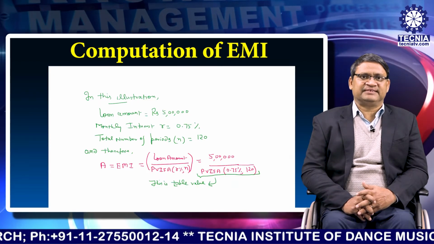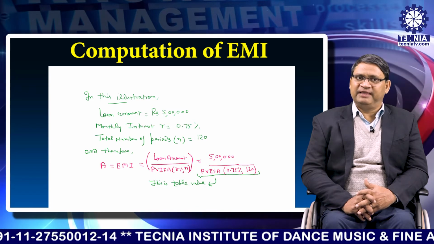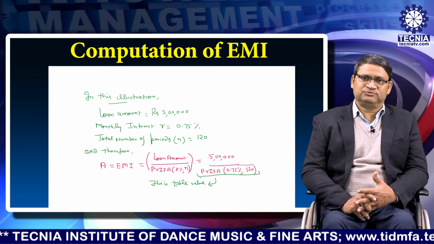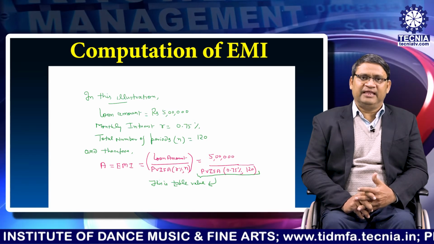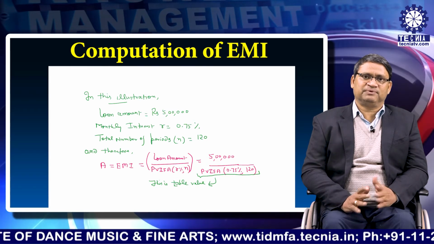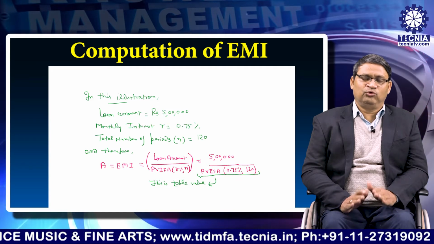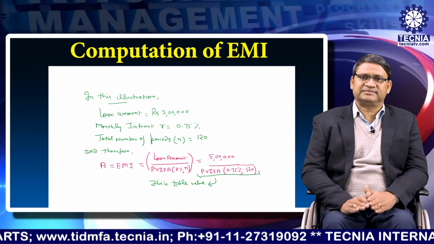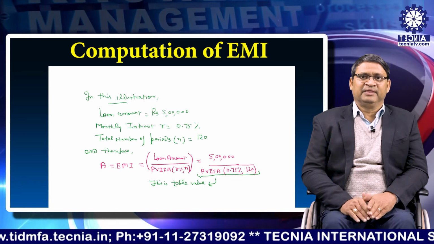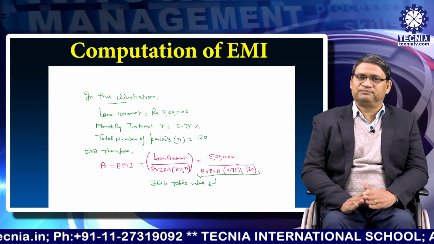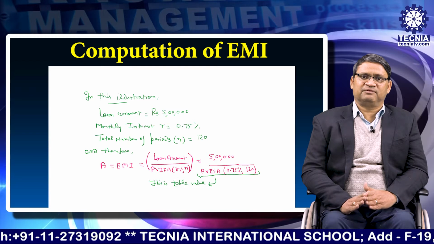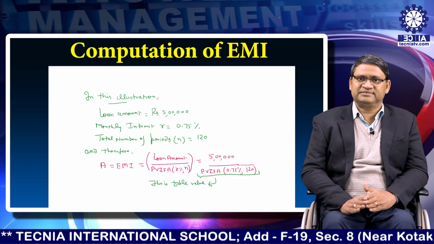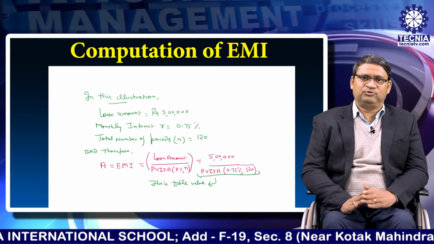In this illustration, the loan amount is 5 lakh, the monthly interest is 0.75%, the total number of periods is 120, and therefore the amount of EMI is calculated as the loan amount divided by the present value interest factor for annuity, where R% is 0.75% and N is 120 total periods.